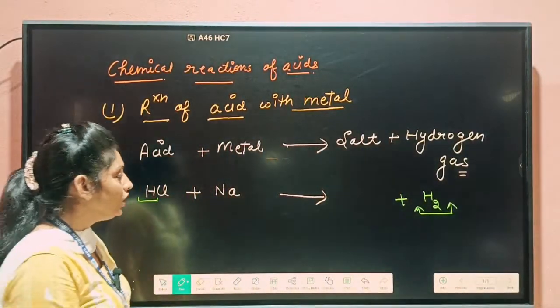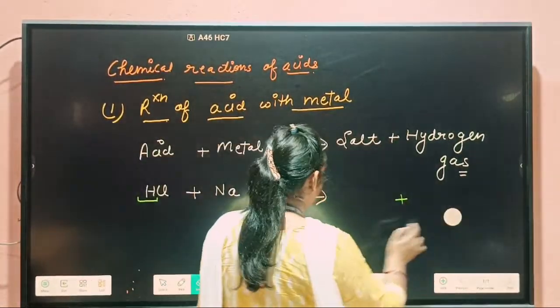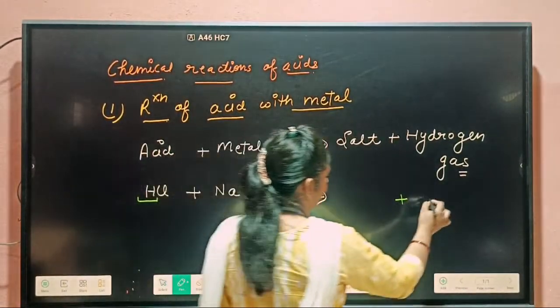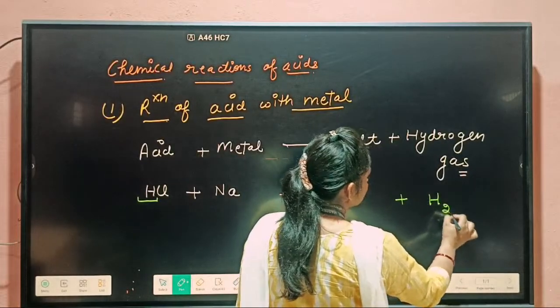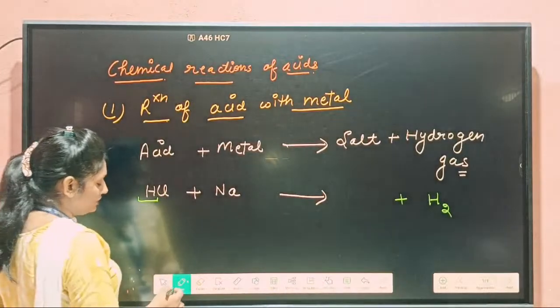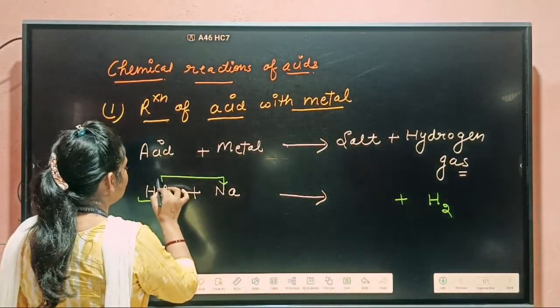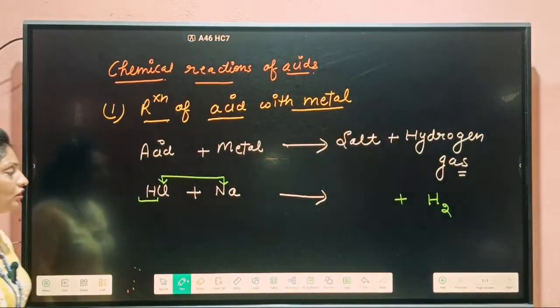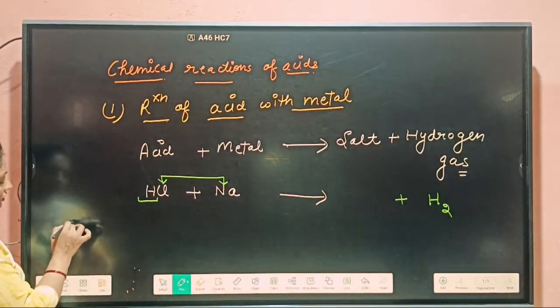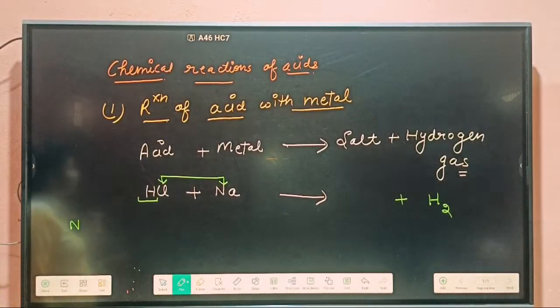Okay students, need not be worried about that. Finally we will balance the reaction. So first of all students, hydrogen gas will be evolved, and what is remaining here? Na and Cl, means sodium and chlorine we are having. So they will form the salt. Which salt? They will form sodium chloride.